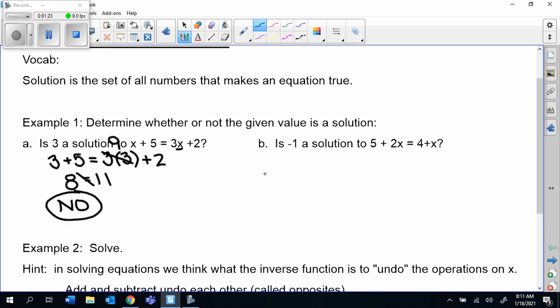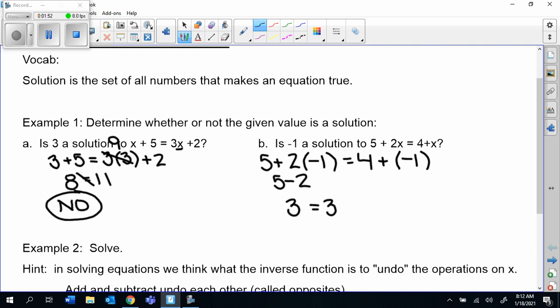But if I try -1 here, for the equation on the right, let's plug in -1 for x. So if I multiply, I'm going to get 5 minus 2, which is 3. And on this side, if I just jump all the way down here, 4 adding a -1 also gives us 3.